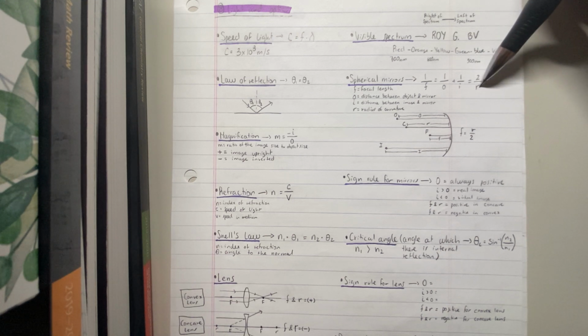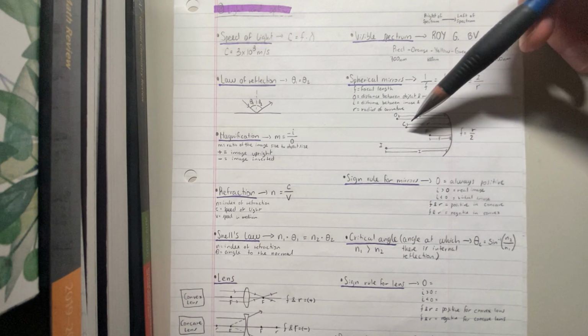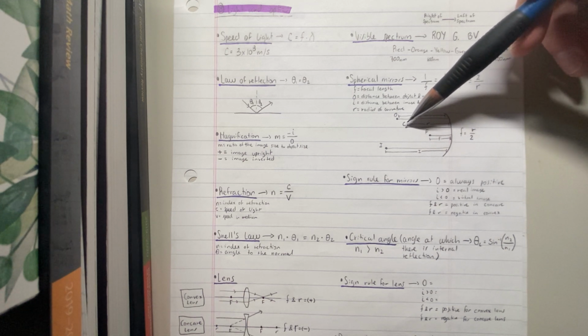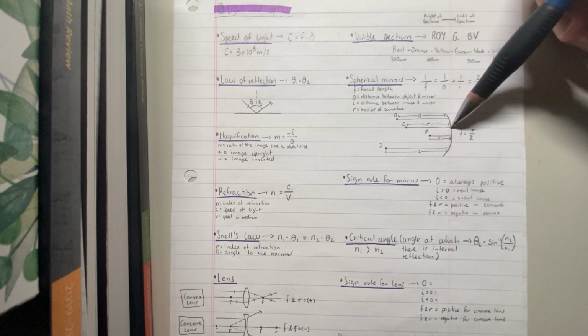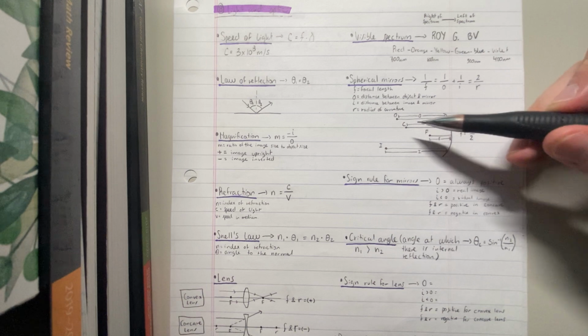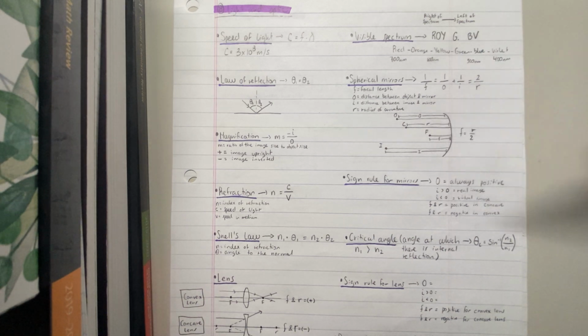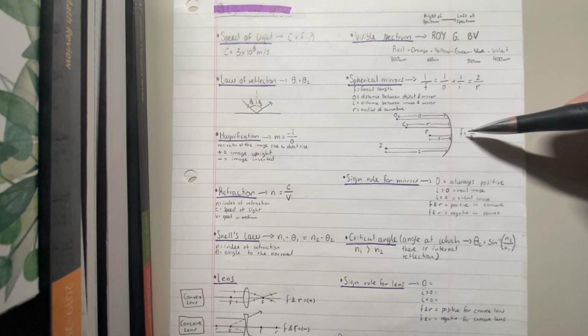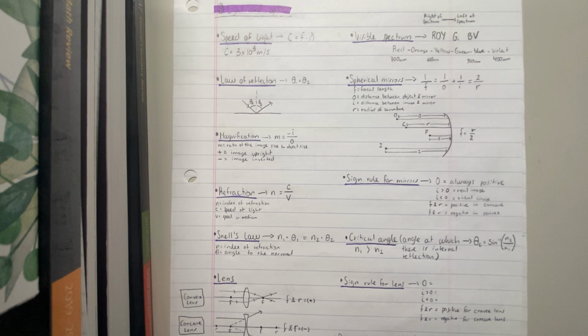R is the radius of curvature, which is the distance between C and the mirror, and C is 2 times F. So if C is 2 times F, then R is 2 times the focal length. So the focal length is R divided by 2.